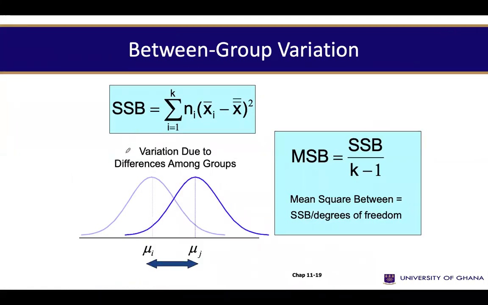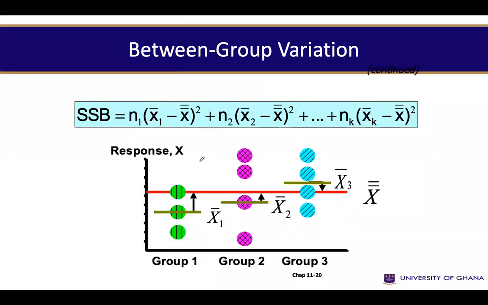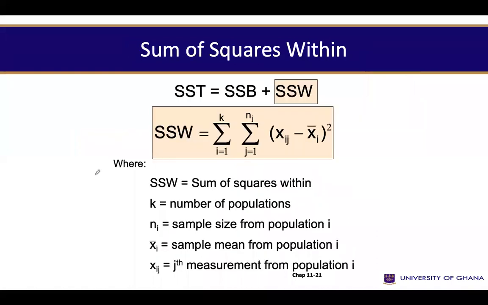So for the SSB, each group has its own mean, x bar 1, x bar 2, x bar 3. So the SSB is measuring how each group mean differs from the grand mean, how the group mean for group 2 differs, and how the group mean for group 3 differs from the grand mean. This is the expression for SSW, right?